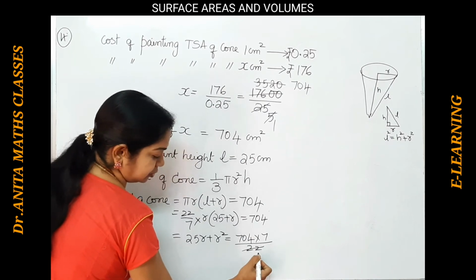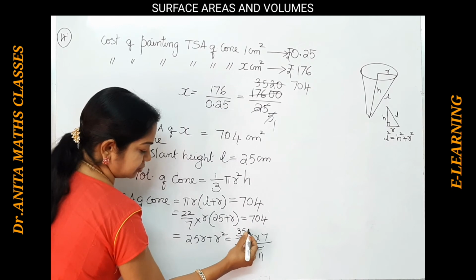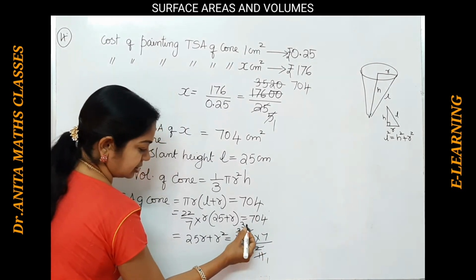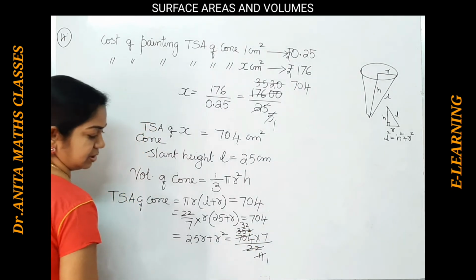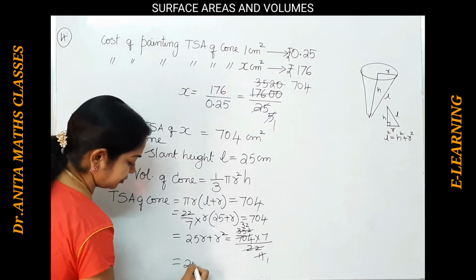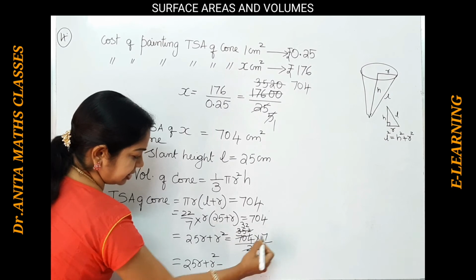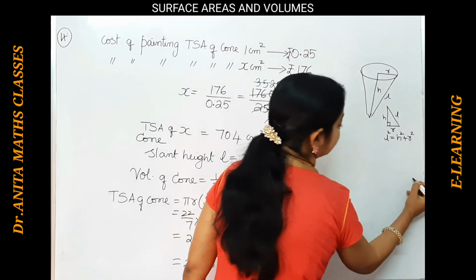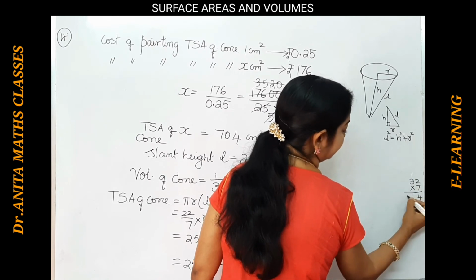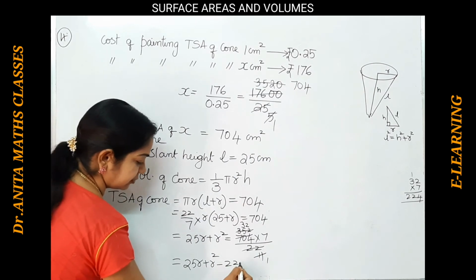So 2 11s are 22, 11 1s, 11 3s 33, 11 2s 22. So 32 into 7 here. So that comes to r square plus 25r minus this 32 into 7, which is 224. So minus 224.